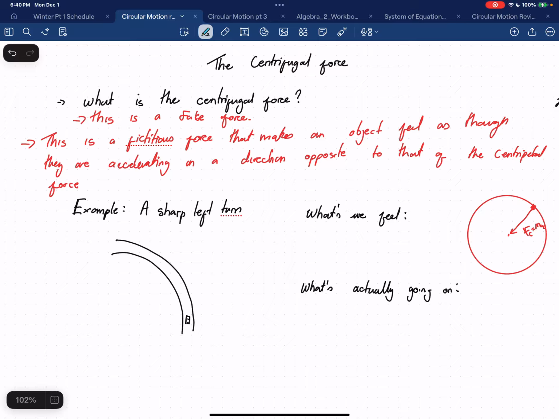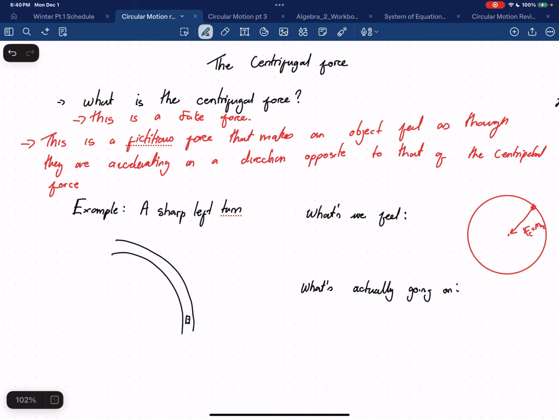So an example of this scenario is we are moving on a sharp curved left turn. Imagine this here is a car, and we're going on a left turn.